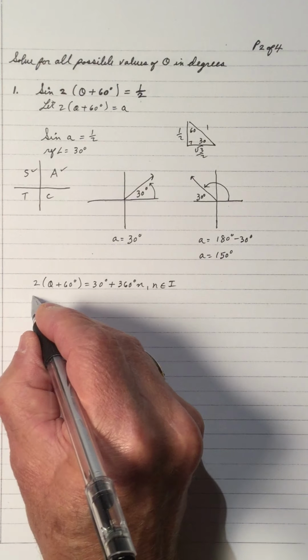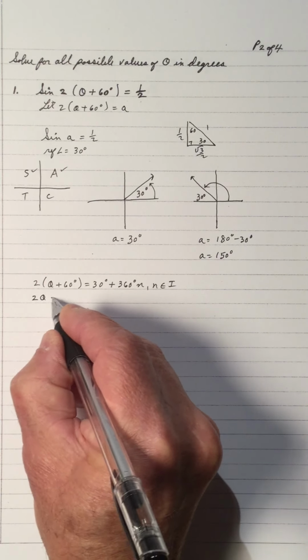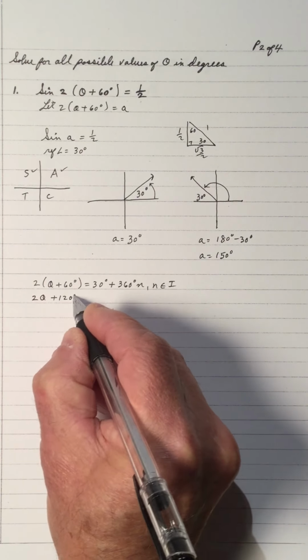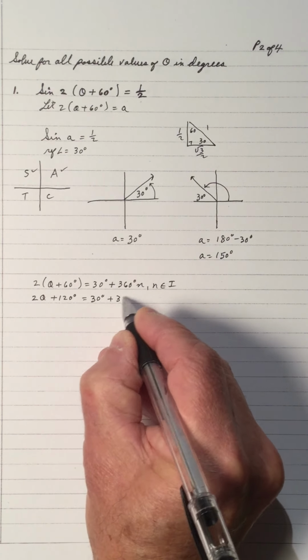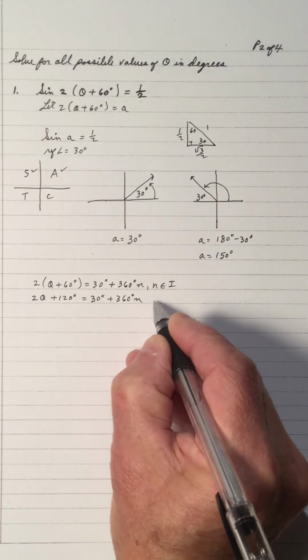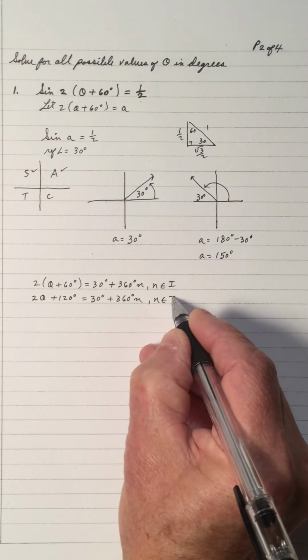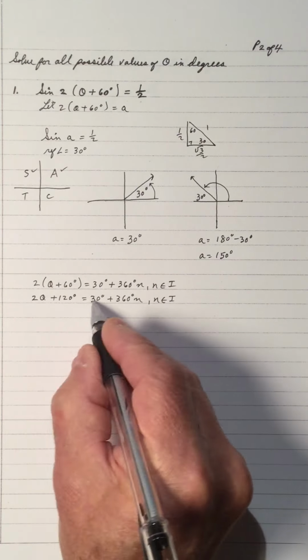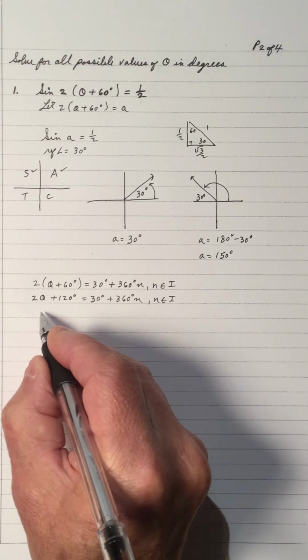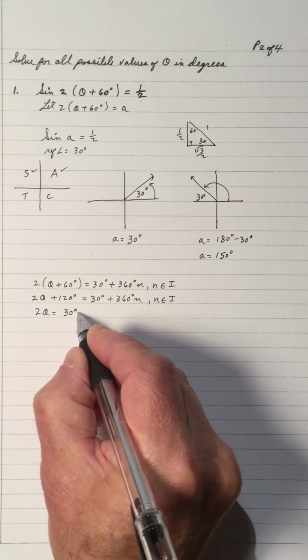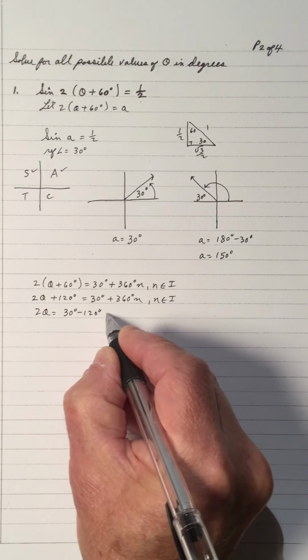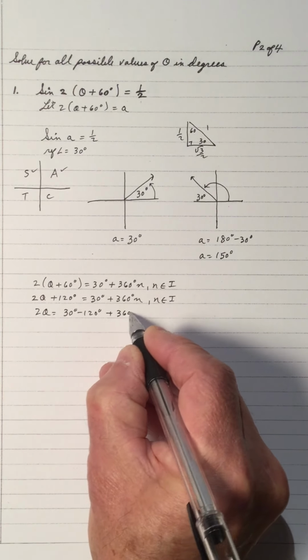So what I do is I go 2 times theta plus 60 equals 30 degrees plus 360 n, where n belongs to the integers, and I bring the 60 over, so 2 theta equals 30 minus 60 plus 360 n.